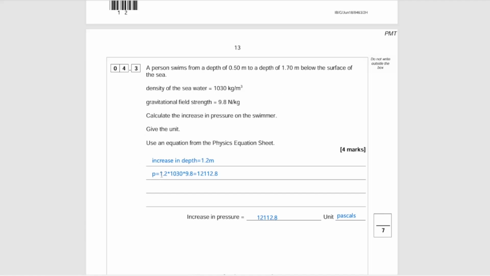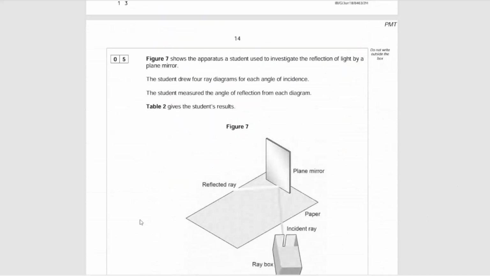So it's 1.2 times 1030 times 9.8 to convert it into weight, or in this case pascals, and then we get 112.8 pascals. As you remember, the unit for pressure is pascals.